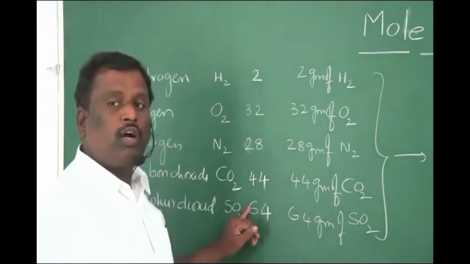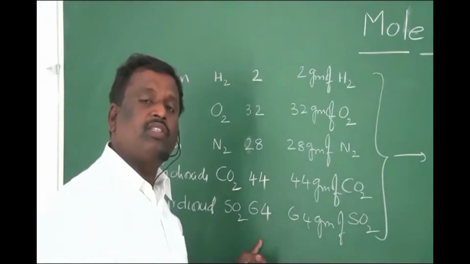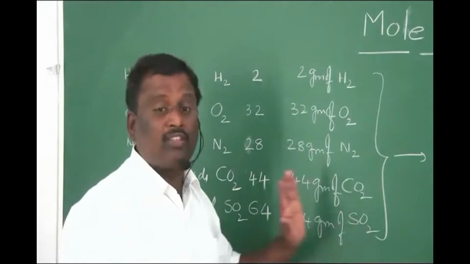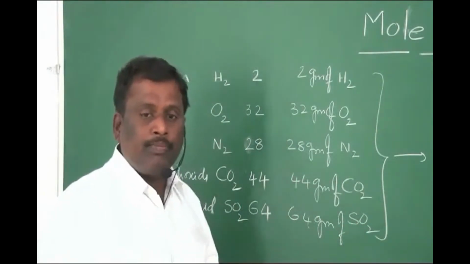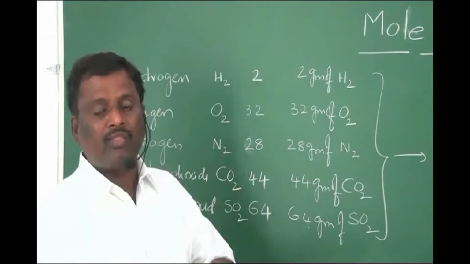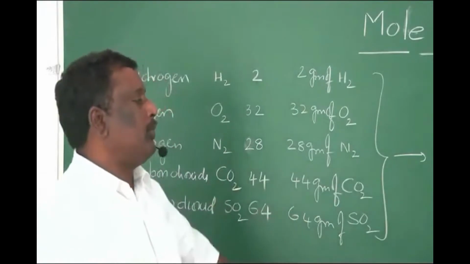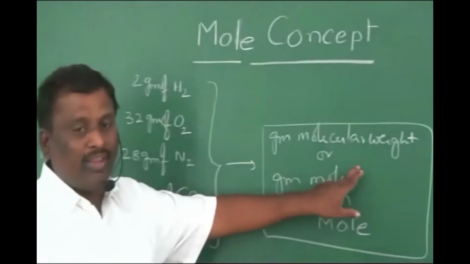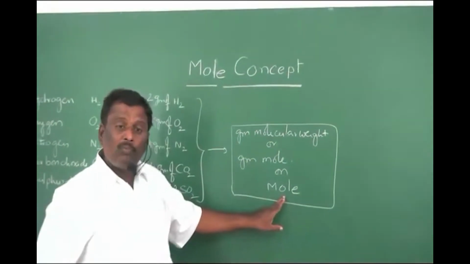Molecular weight of CO2 is 44, so 44 grams of CO2. Molecular weight of SO2 is 64, so 64 grams of SO2. Not only these gases, any substance, if you take in grams equal to its molecular weight, that amount is said to be gram molecular weight, gram mole, or simply mole.